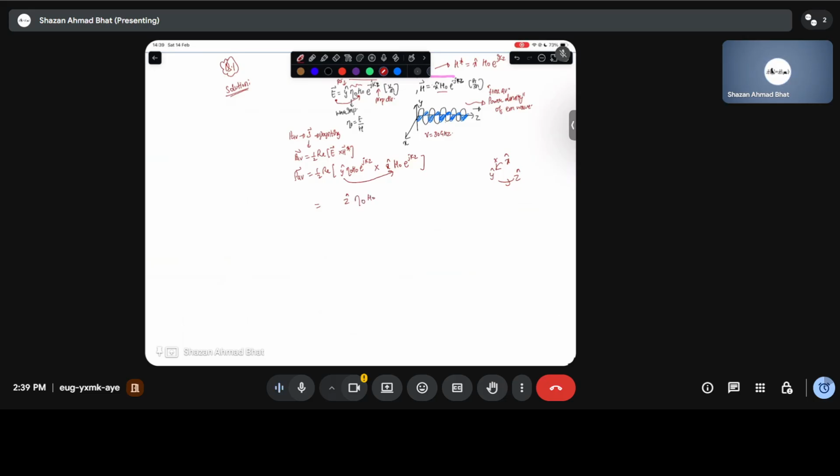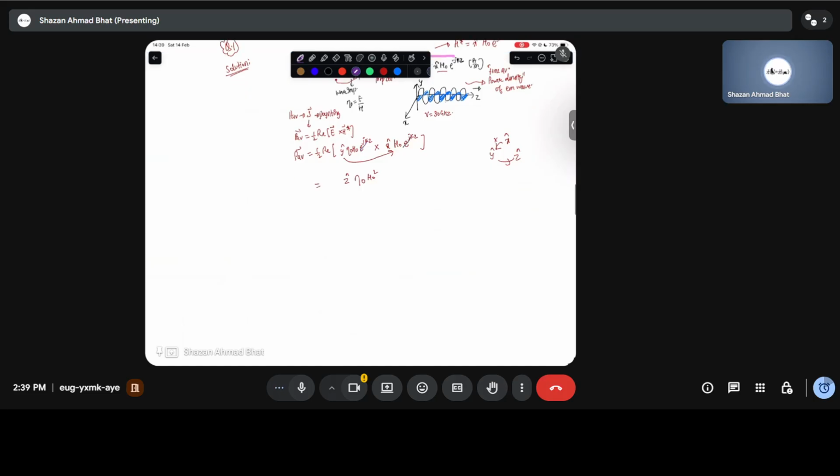H naught into H naught will be H naught square, and these two are going to negate each other. So you are going to get this divided by 2 watt per meter square. So this is the average power density with which the electromagnetic wave is propagating, and it makes sense. It has to be in the z direction because the power is moving in the z direction. Okay, just like here, it's moving in the z direction.